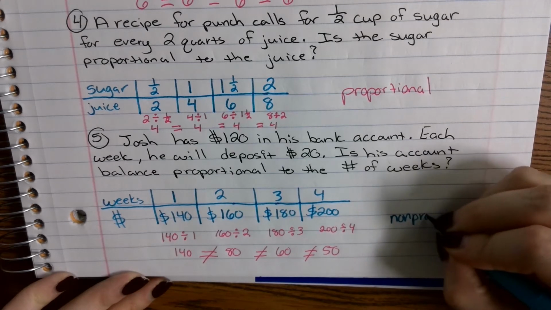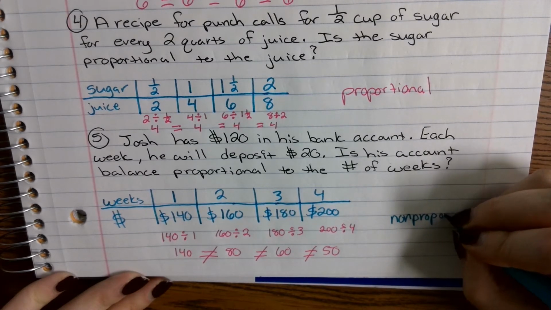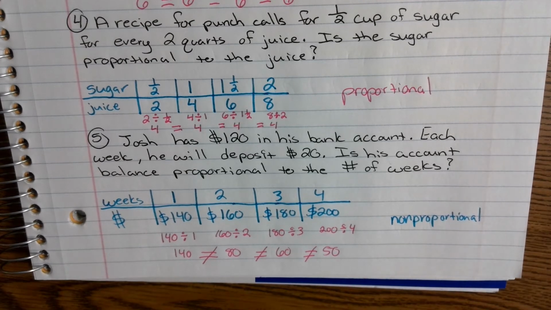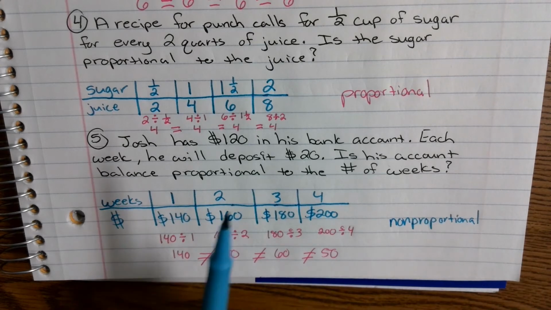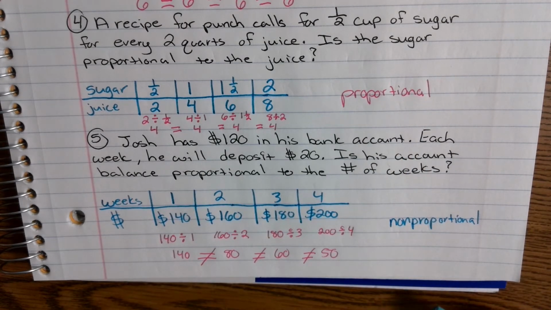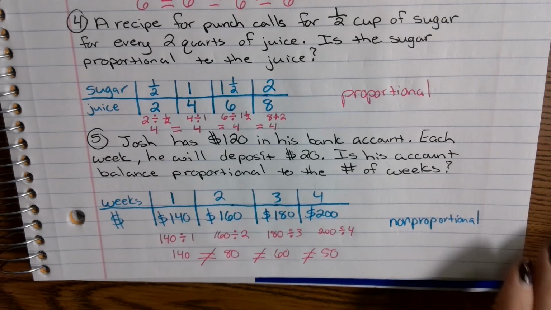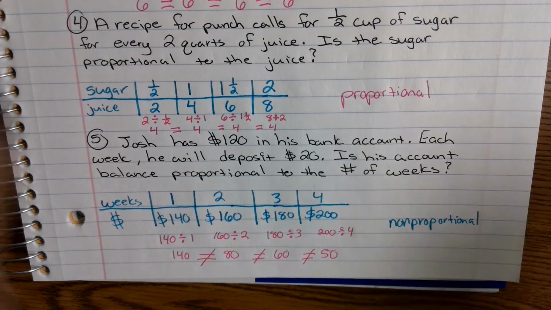Now, a really quick way to be able to tell whether a word problem is going to be proportional or not without having to make a table. If you notice, every one of the problems that was proportional did not have a constant, meaning it did not have a one-time value. But problem 5 and problem 2, they both had a constant, didn't they?